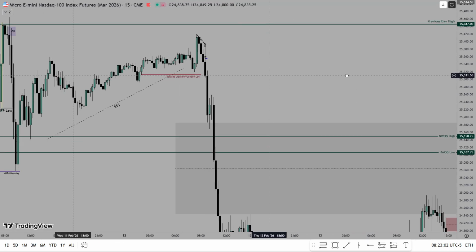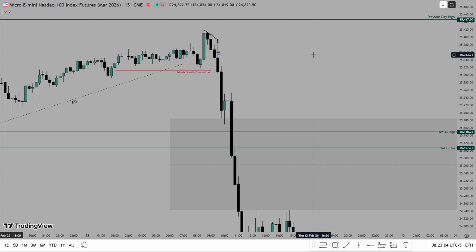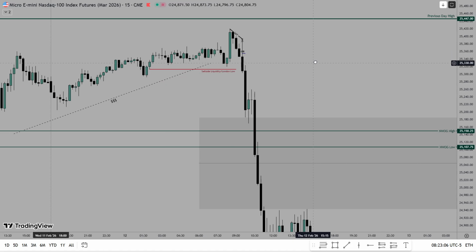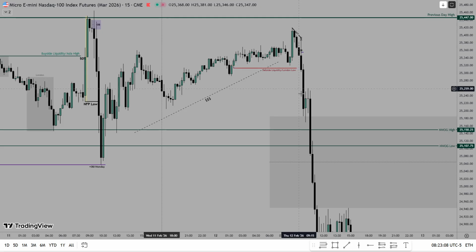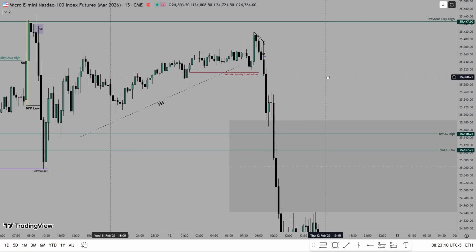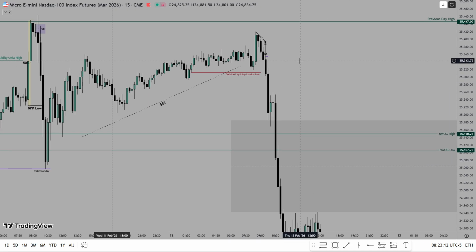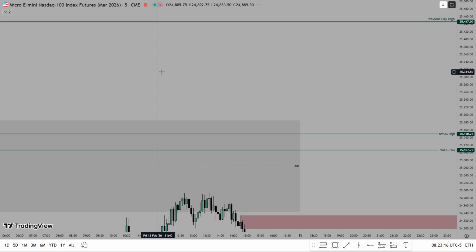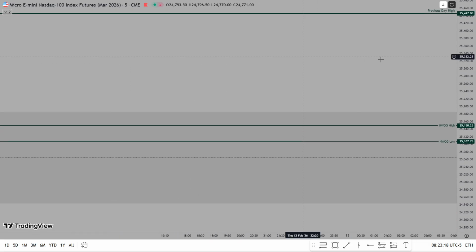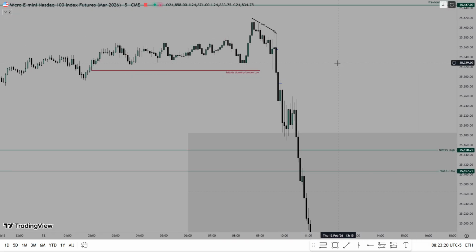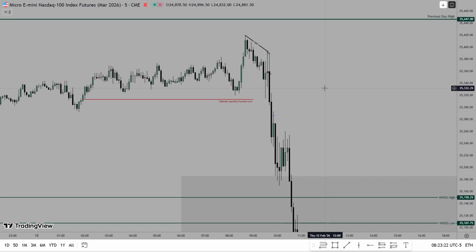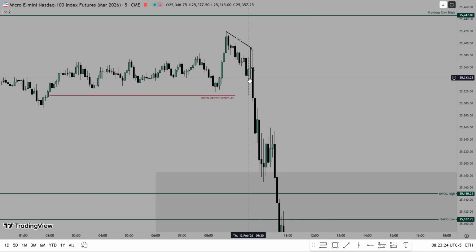Now come to the chart. It traded lower so fast and didn't form any entries on 15 minutes. Mostly price gives entries on the lower time frames in Nasdaq. So in the 5 minute chart, we can see that price opened at 9:30, traded higher, and formed an SMT with ES.